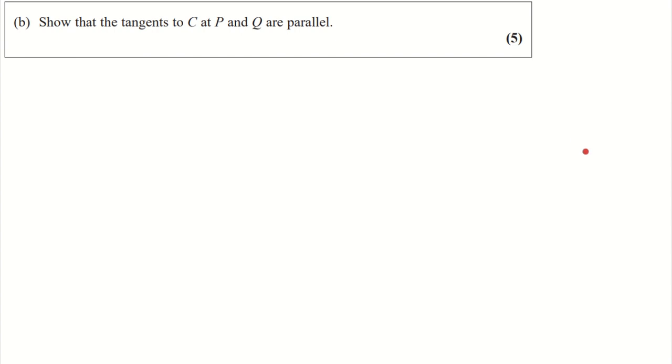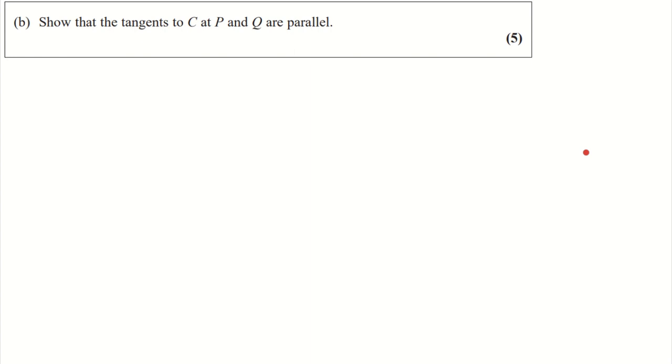Next, show that the tangents to C at P and Q are parallel. So you have a curve, and there are two tangents.